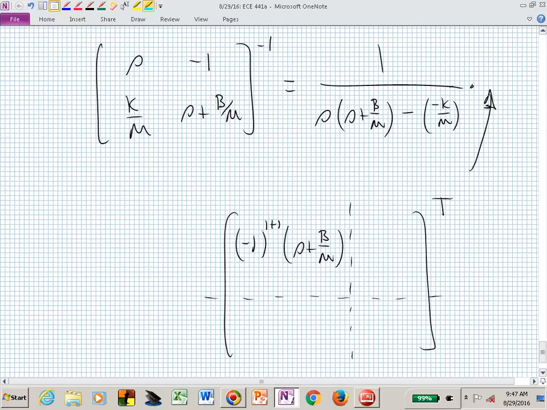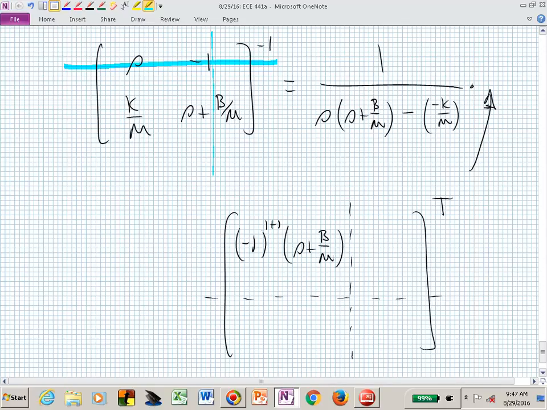Now, if I want the 1, 2 entry, that's the first row, I get rid of that. I get rid of the second column and I find the determinant of what's left over. In this 2 by 2, it's easy, isn't it, to compute the determinant of a scalar. But in general, it would be the determinant of that submatrix that's left over.